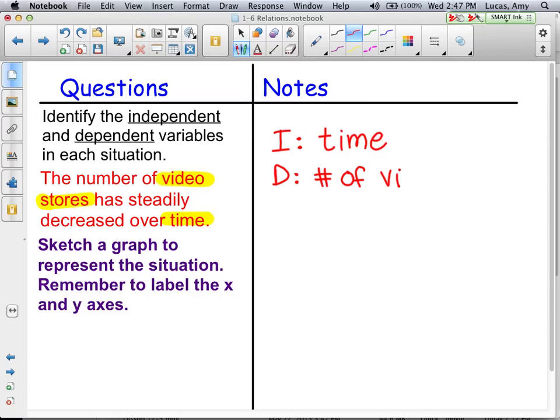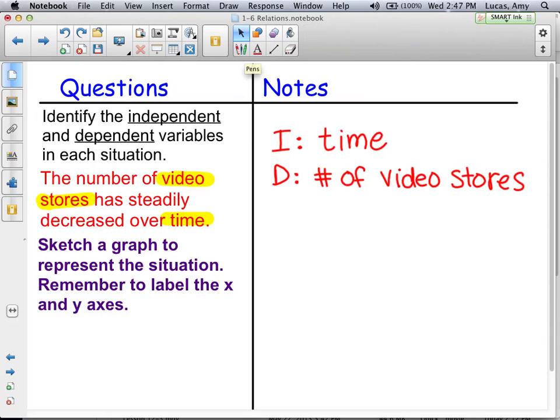It depends on what year we are talking about. Some of you may not even remember what video stores are anymore because so many of them have closed. We have Redbox, we have Netflix, tons of different ways that we watch movies. We don't typically go to video stores anymore. That's something that has changed over time.